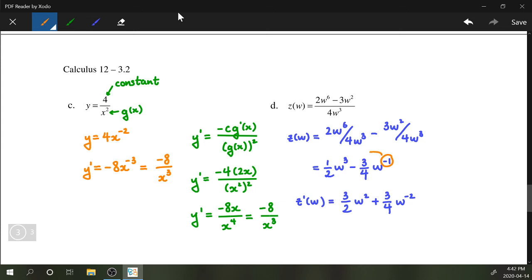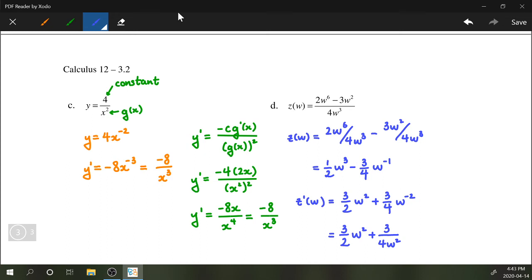And then the negative 1, of course, goes to the front, becomes a plus here. And then the negative 1 becomes a negative 2 power. So all you're left with is to rewrite this slightly. So you have 3 over 2 w squared plus 3 over 4w squared, where the w squared in the second term is in the denominator. So you don't write it with a negative exponent, but a positive one.